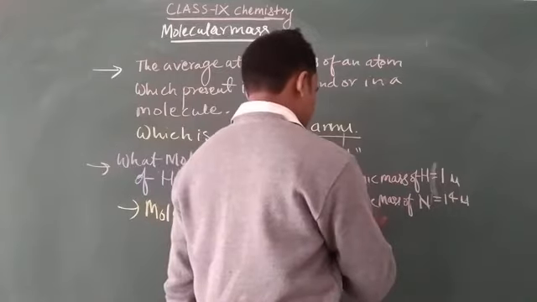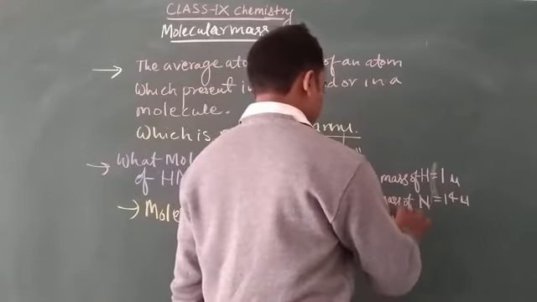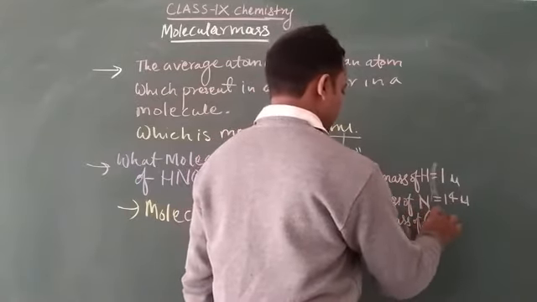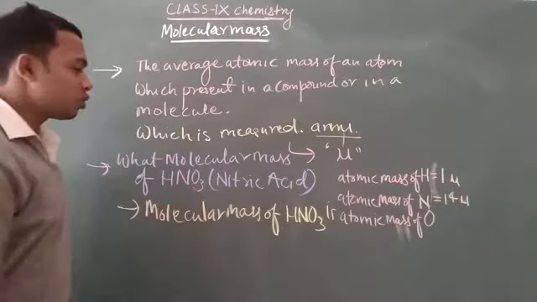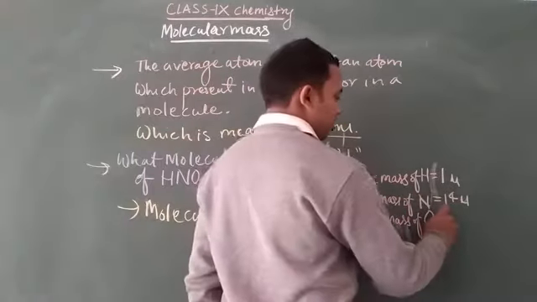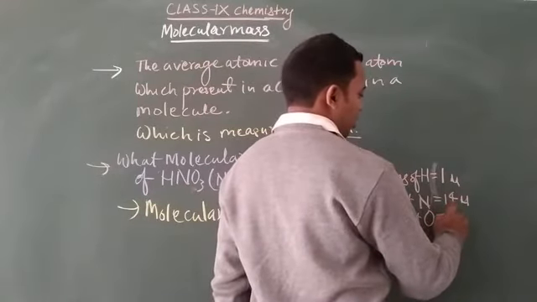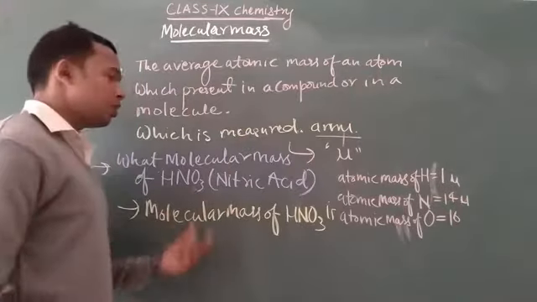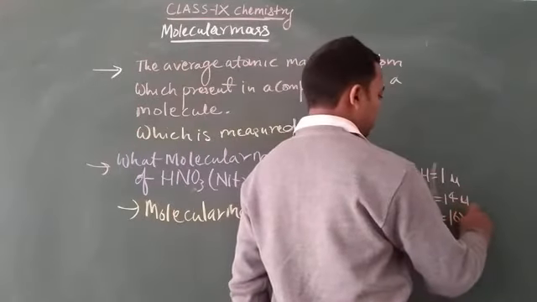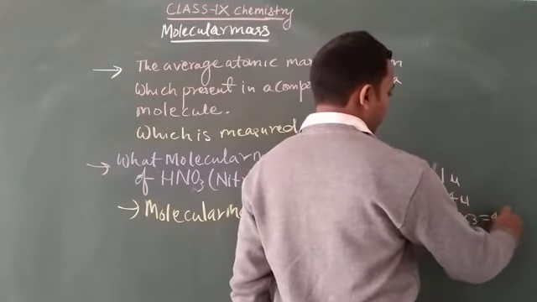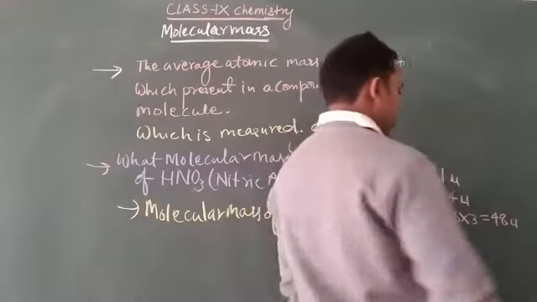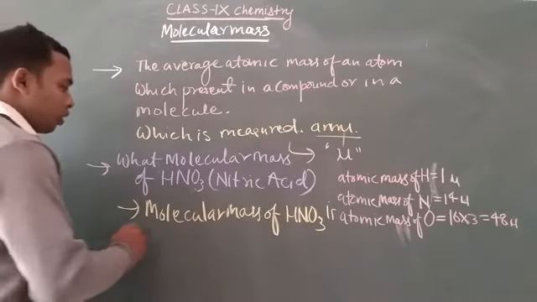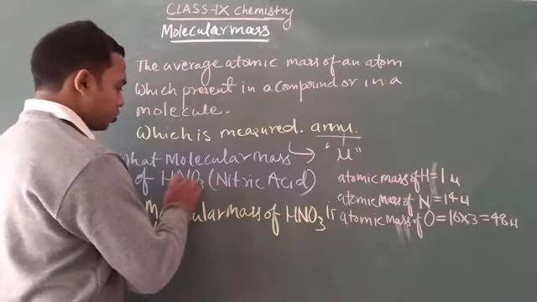The atomic mass of one oxygen is 16, and here 3 oxygen atoms are given in nitric acid, so we multiply 3 into 16, which is 48 unified mass.